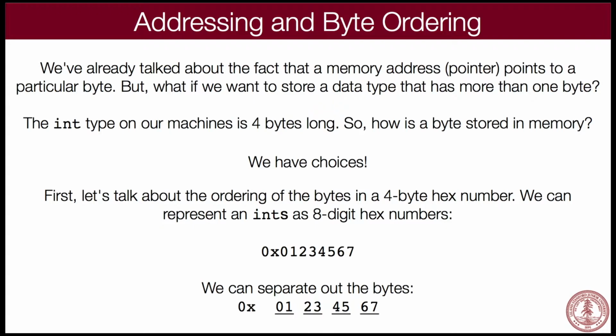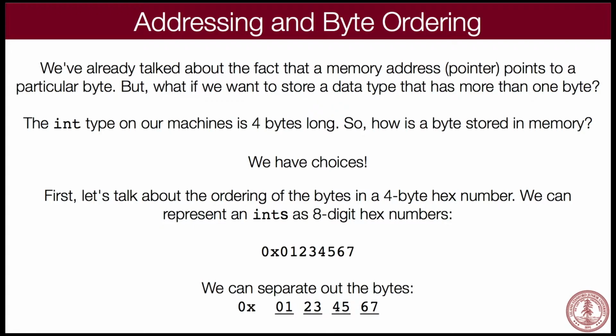Okay? And those pointers can point to a particular address. I'll make it more specific. That one points right there. Okay? But the one question is, how do we actually store the individual bytes in memory?